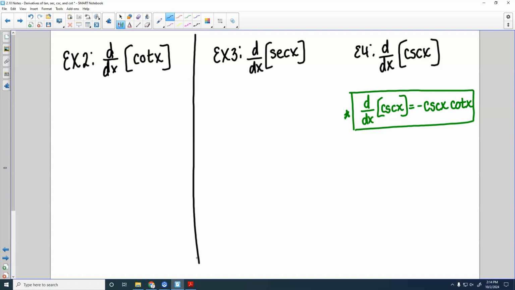Okay? So you'll need to use quotient rule. You'll need to change it to a fraction first, and then you can use quotient rule to take that derivative. Yeah, so over here, you guys are doing 2. This side and Webb, you guys are doing 3. And I'm going to freeze this so you can't see my work.